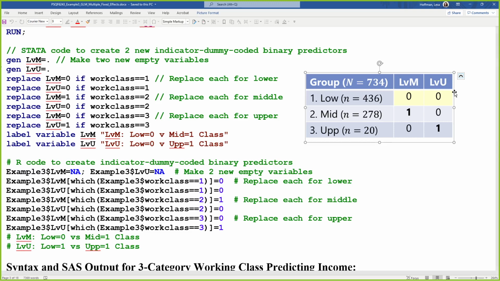And each of the new predictor variables then describes how an alternative group differs from the reference group. So how the 1 group differs from the 0 group in each of these. So this table is what we're trying to do. We're trying to make 2 new columns out of this original categorical variable that's 1, 2, or 3. And each of the new columns has a 1 in only one of the places.